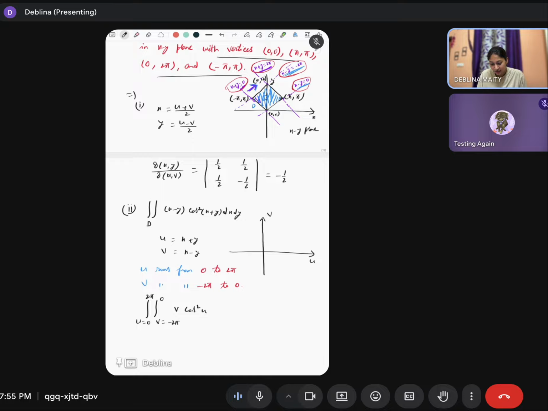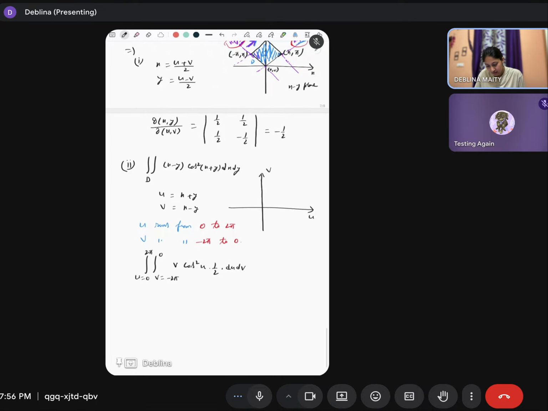And the modulus value of the Jacobian is half, and then it is du dv, right? So this is I, the same integral after changing the variables.